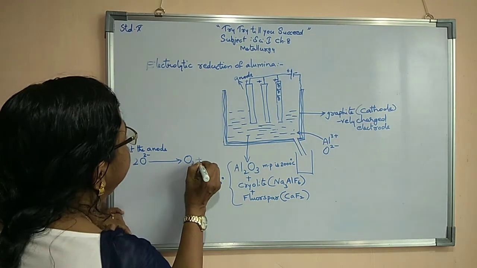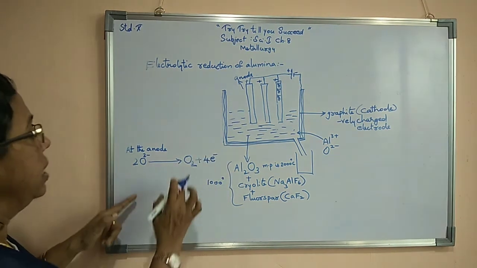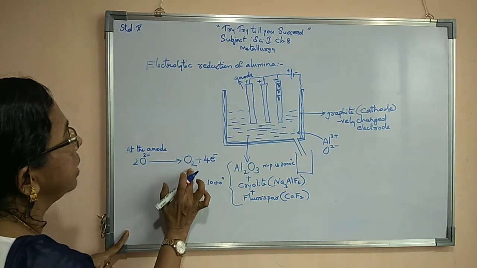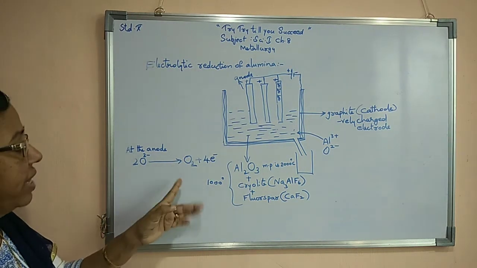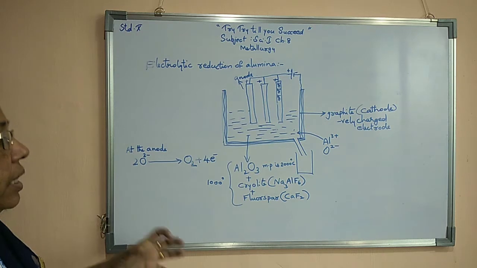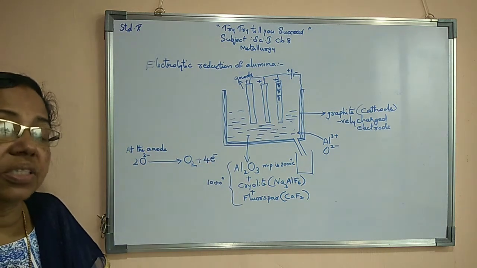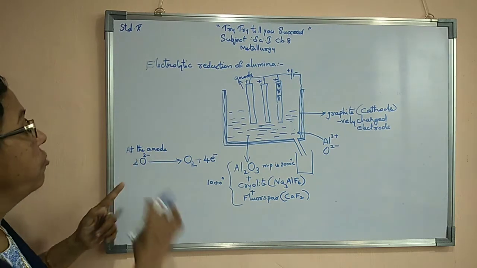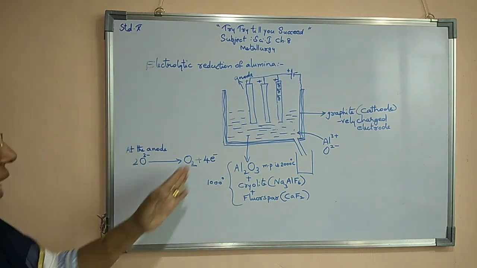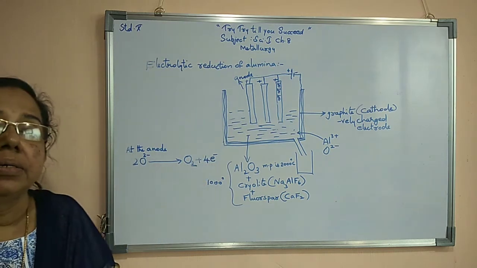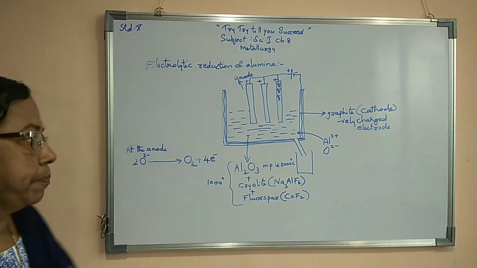So we have to write 4 electrons. Two oxygen atoms became one oxygen molecule because 4 electrons were removed. As a result, 2 oxygen atoms, or 1 oxygen molecule, is formed.